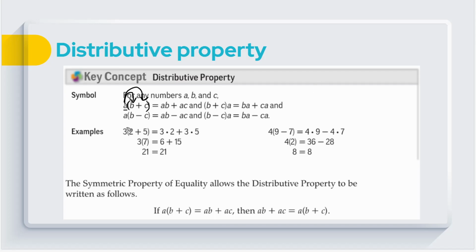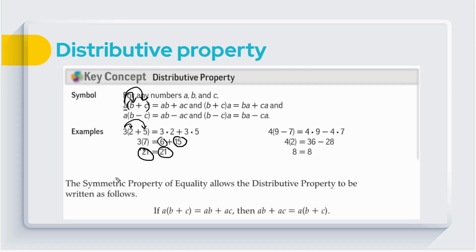So for example, if you have 3 times (2 plus 5), you can distribute the 3 to the 2 to get a 6. You can distribute the 3 to the 5 to get a 15. And you'll get 21. That's one way to do it. Or you can just add what's on the inside and multiply what's on the outside. So, as you can see, both ways, you get 21.